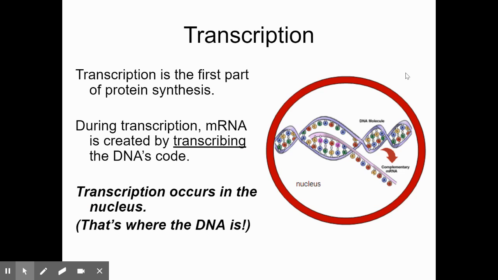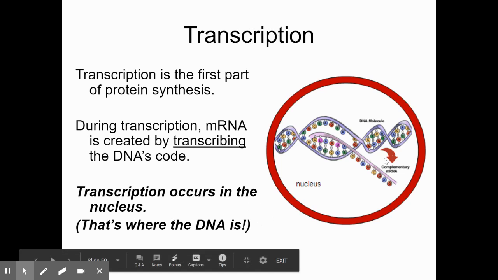But what is actually involved in all of that? Well, we know that mRNA is going to be transcribed from our DNA's code. Recall, it takes place in the nucleus because that's where DNA is located.